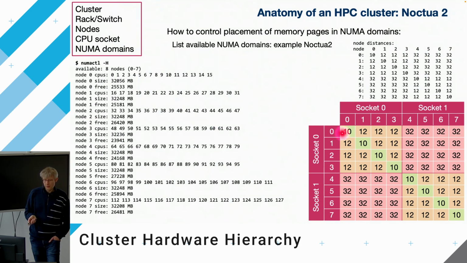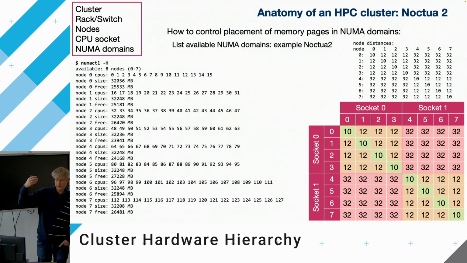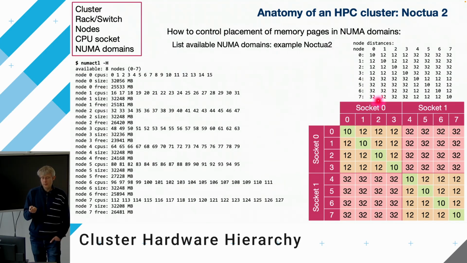We also have another hierarchy level, because access in the same NUMA node again has this modeled value of 10. To a different NUMA node on the same socket, it's a 12. And if you pass the socket barrier, you have to go through the socket interconnect, and then it becomes a 32.